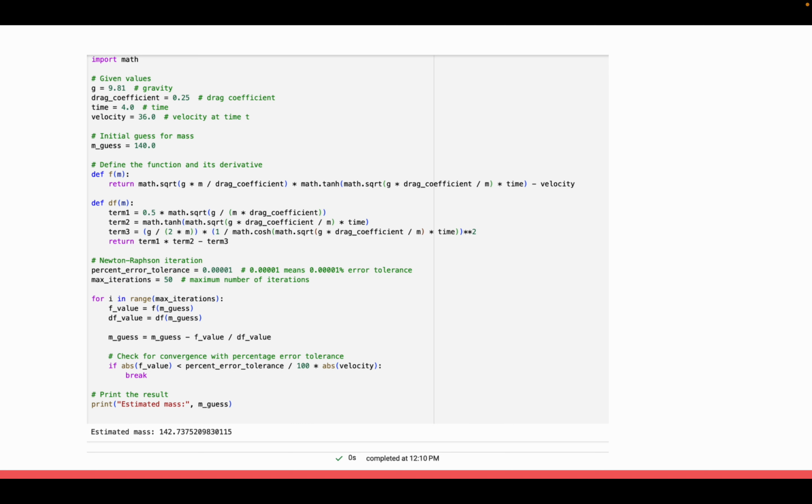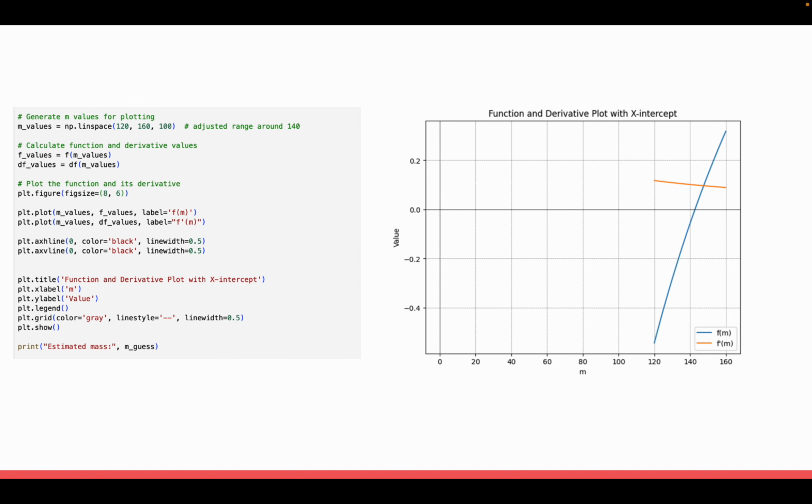Finally, we printed it, got 142.73 kilograms. Pretty big bungee jumper, but there's that. Next, I have the graph. For this one, I did import Matplotlib and NumPy to get all this on here. Along the x-axis, you can see our different values for our mass, falling between 120 and 160.